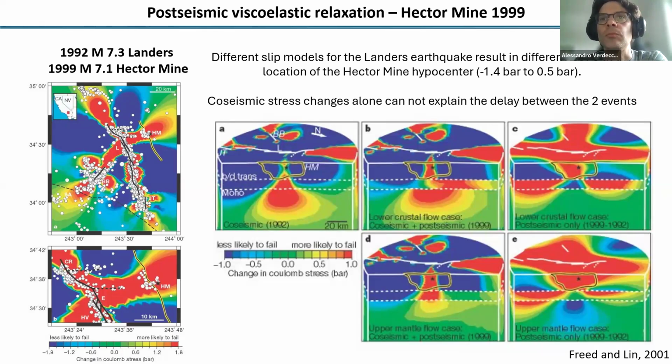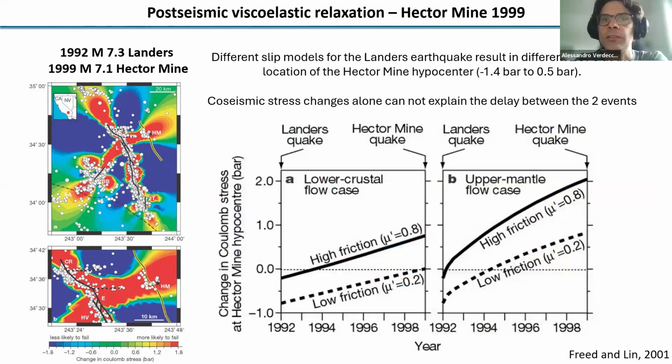And so basically, this is a plot showing the results in terms of stress changes exactly at the location of the hypocenter of Hector Mine. Basically, the idea was that 7 years of viscoelastic relaxation were responsible for, let's say, triggering the Hector Mine earthquake.